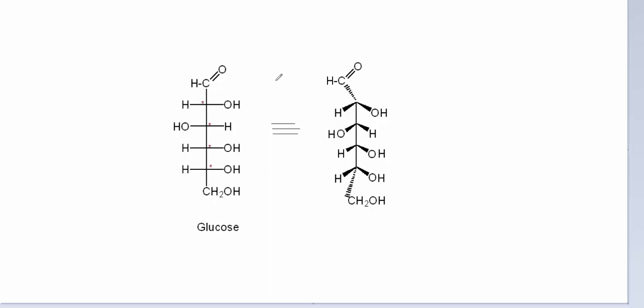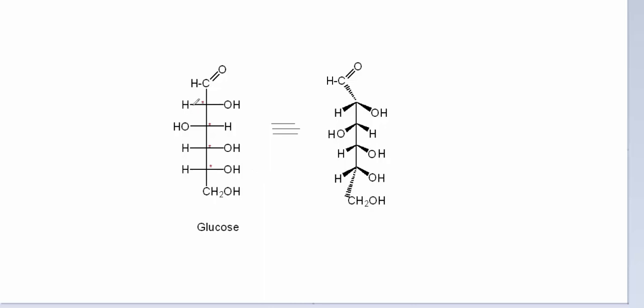Now remember that a Fischer projection formula is a 2D drawing that represents a three-dimensional object. The Fischer formula drawn in 2 dimensions represents a three-dimensional molecule. To its right is the 3D wedge formula that corresponds to the Fischer formula drawn on the left. The Fischer formula groups at the ends of horizontal line segments point toward the viewer in the 3D formula.